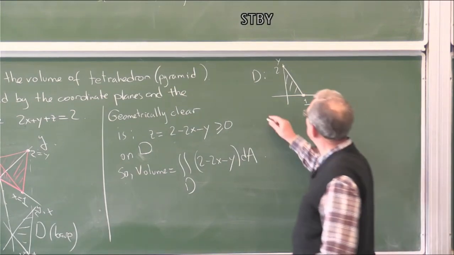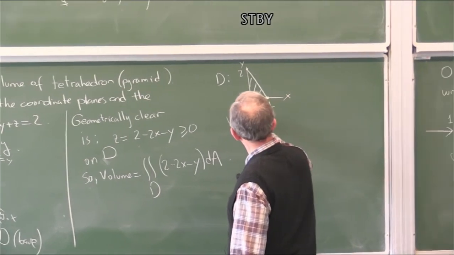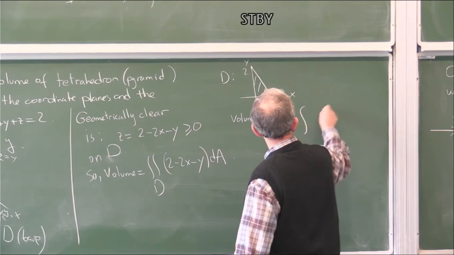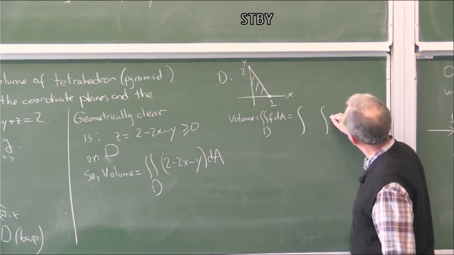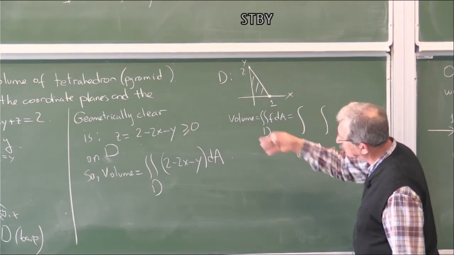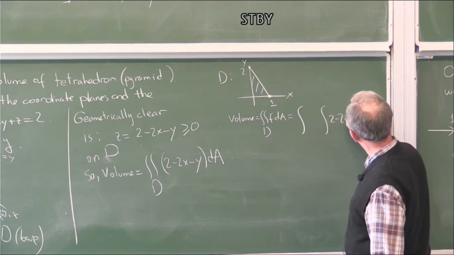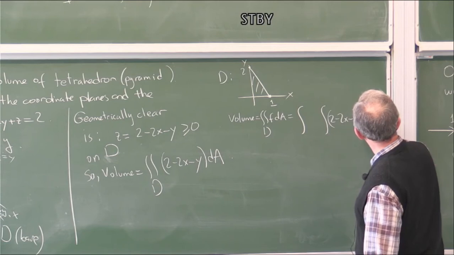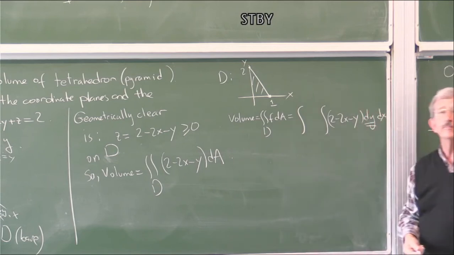Doesn't matter. So the volume, the double integral of f dA, can be written as the function in question, 2 minus 2x minus y. Say we write it with respect to y first.